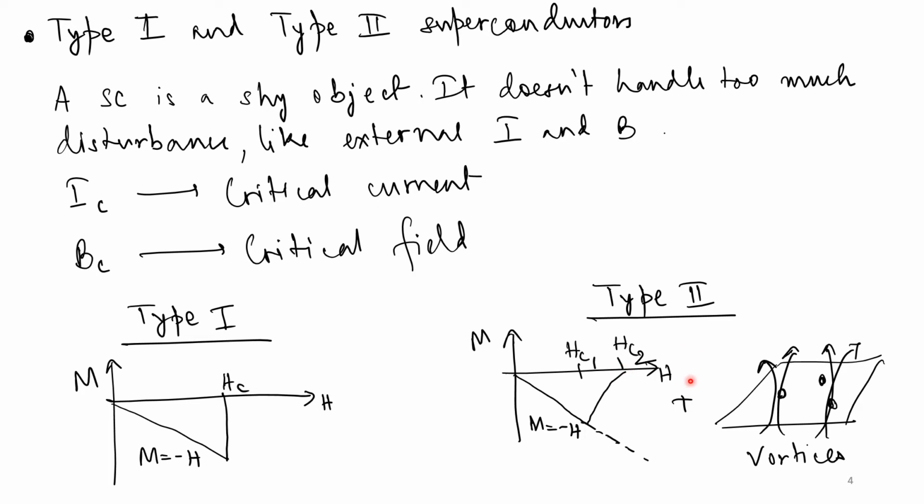A very interesting feature of this is that when it allows the field to go through, it does not really allow it uniformly over all space. So it forms tiny little pockets, which I have denoted by these circles. These are called vortices, through which the field is allowed to penetrate, and in the intervening regions, the fields are not allowed to penetrate.